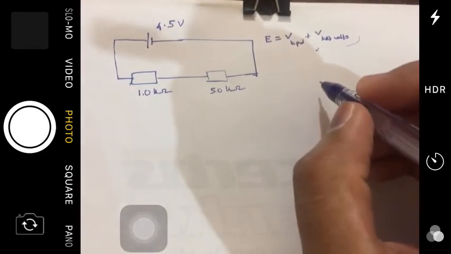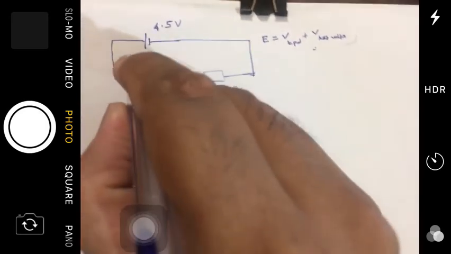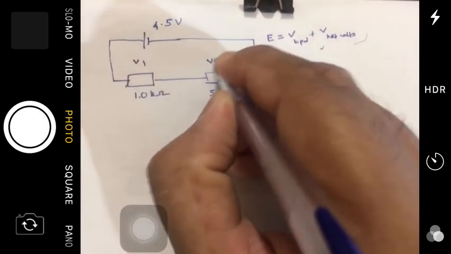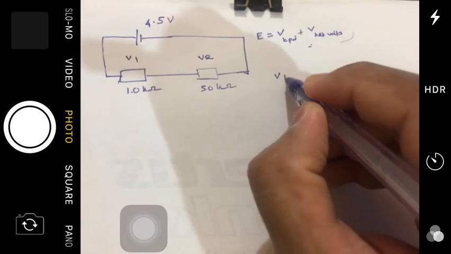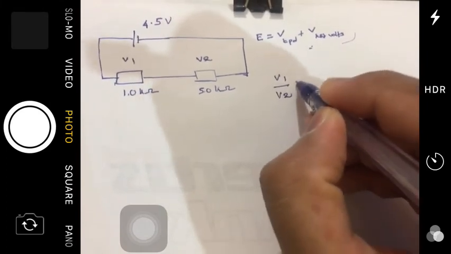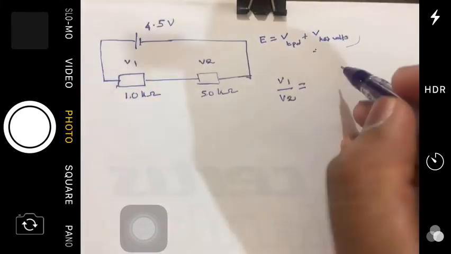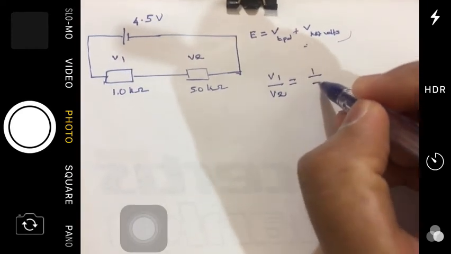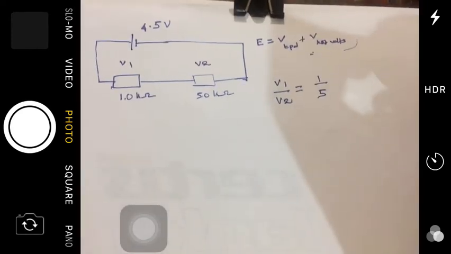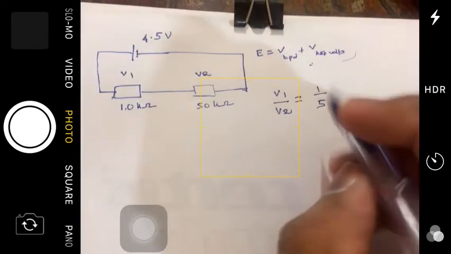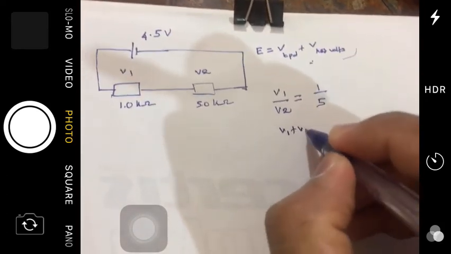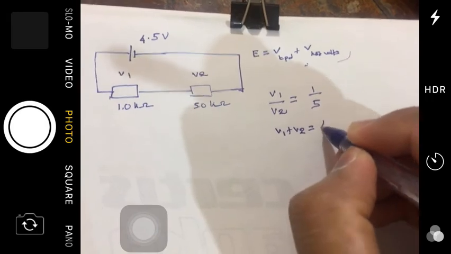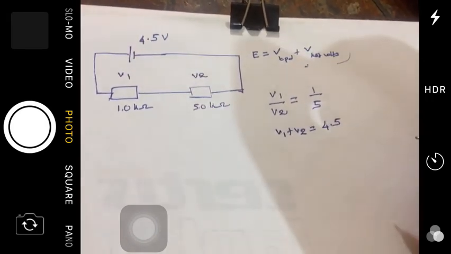That means if you say this is V1 and this is V2, V1 over V2 is equal to 1/5. At the same time, we know V1 plus V2 is equal to 4.5.